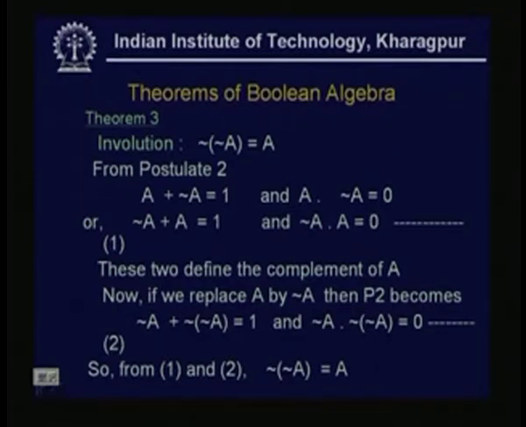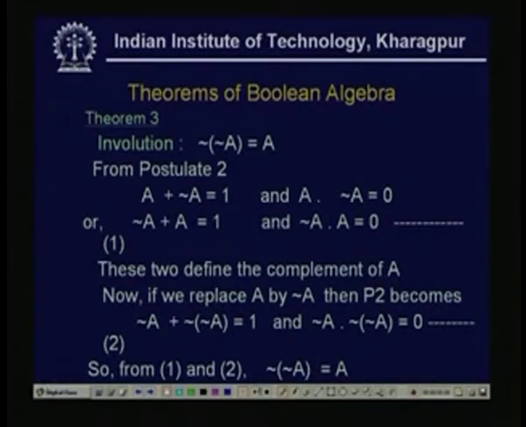Now, from postulate 2 we have already read that A plus negation A is 1. See, if my A is 0, so 0 plus 1 is 1. If my A is 1, because it is a Boolean variable, it can take only two values, either 0 or 1, so it will be 1 plus 0, 1.